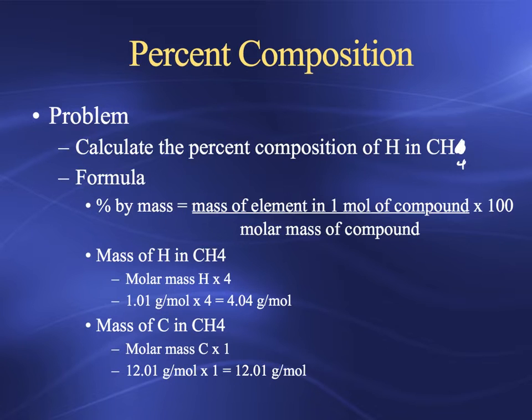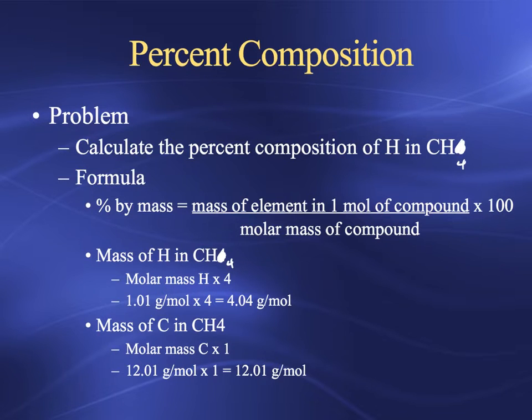Okay, so if I'm trying to find the mass of hydrogen in CH4 methane, well, if I'm given no information on this, none at all, of where to start, what you go for is the molar mass of these elements. So the molar mass of hydrogen, well, we've got 4 hydrogens in this compound, H4. So in order to find the percent composition of hydrogen, I'm going to first take the molar mass of hydrogen times 4.